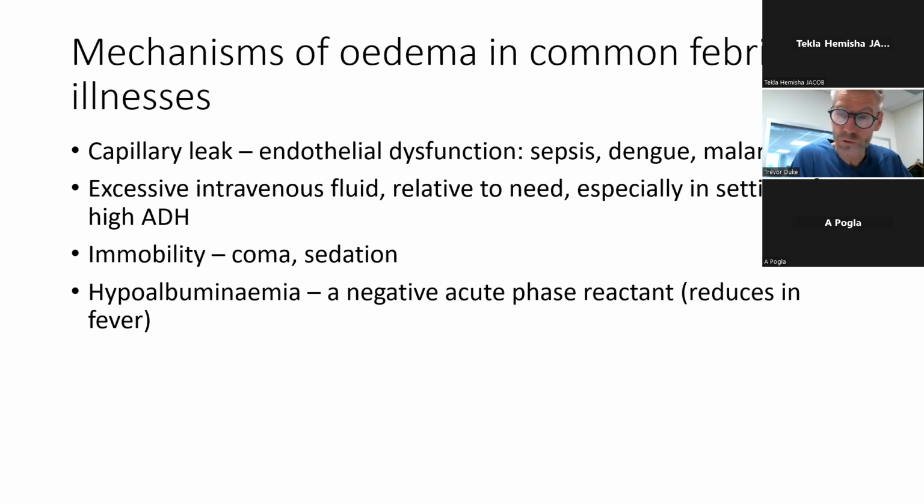And then the last reason, which is also very common, is hypoalbuminemia, where the albumin level in the blood is low. I mentioned before that the four things that keep our body fluids in equilibrium are the cell membranes, tight junctions between cell membranes, the electrolyte pumps that flow water and salt in and out, the osmotic pressure of blood, which is the osmolarity, made up mostly of the sodium level, and then the oncotic pressure of the blood, which is made up mostly of albumin and other plasma proteins.